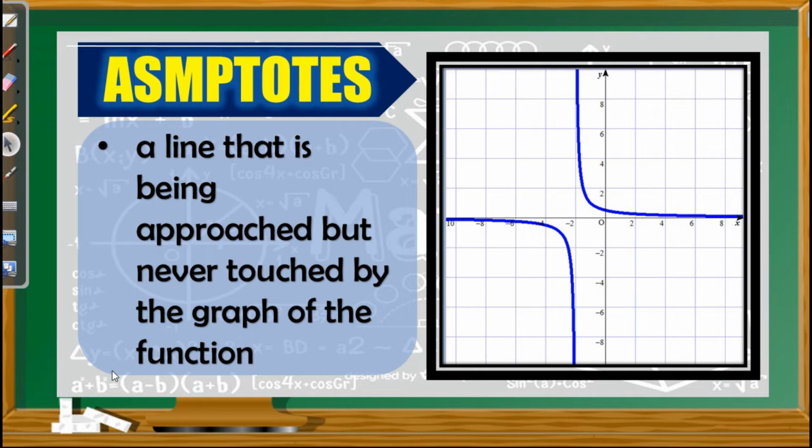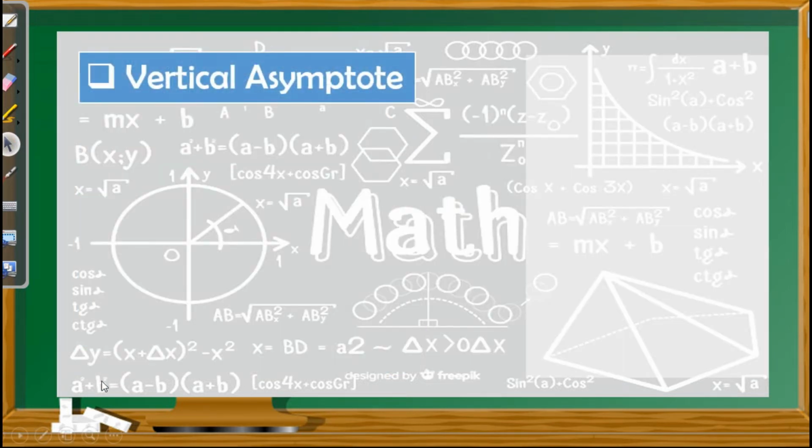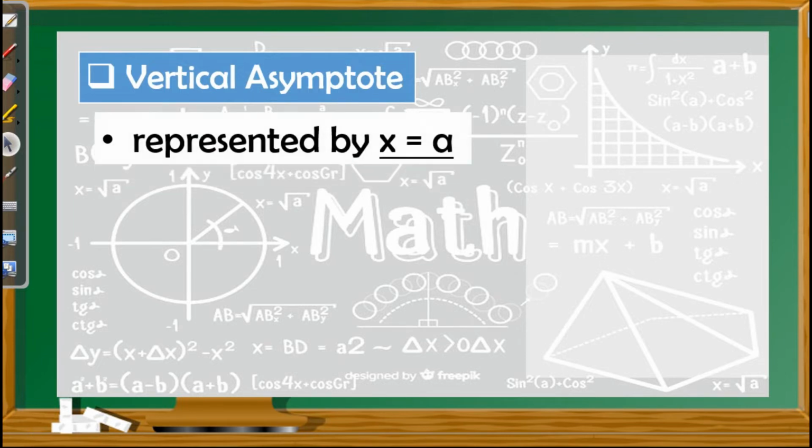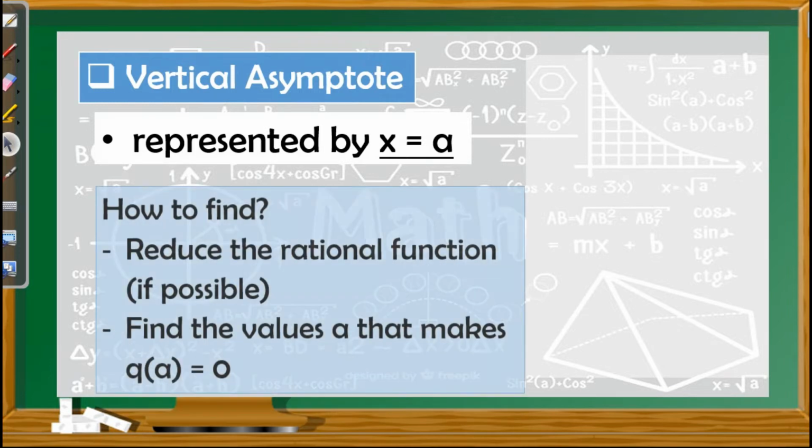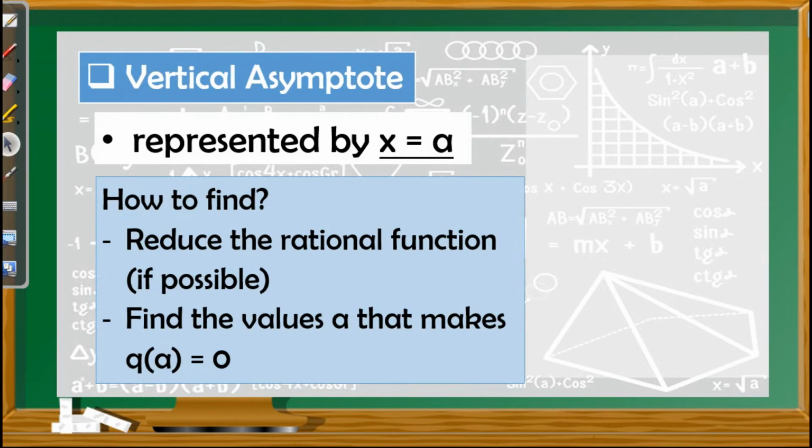Now, let us discuss the different asymptotes. Again, we have the vertical asymptote. A vertical asymptote is represented by x equals a because x is constant in that given vertical line. To find the vertical asymptote, first, reduce the rational function if it is possible.